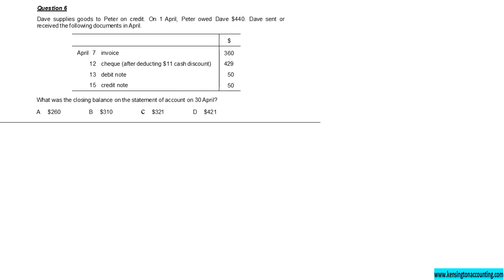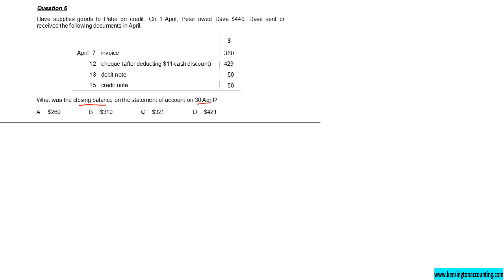Question 6. The requirement of this question is what is the closing balance? Okay, closing balance at the end of the month. Essentially, it says Dave is a supplier to Peter and Peter buys on credit. At the beginning of the month, Peter owed some money to Dave.